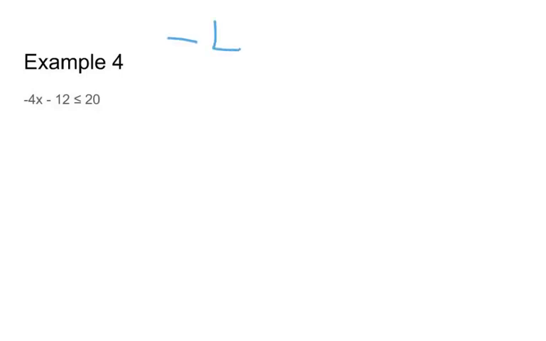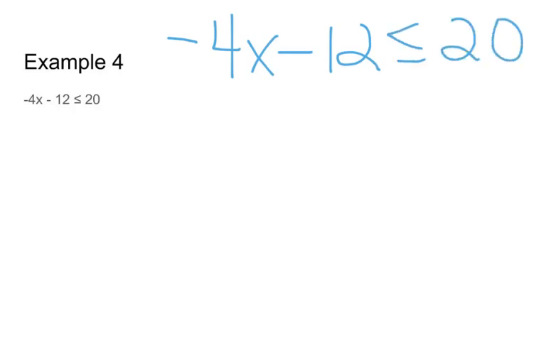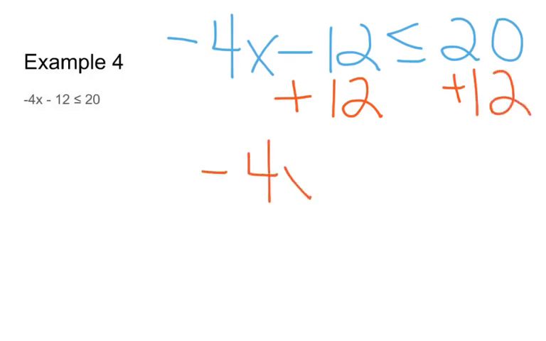Now we have this inequality. We are going to undo subtraction. So to undo subtraction, we add. That will undo the 12 and leave 32 on this side.